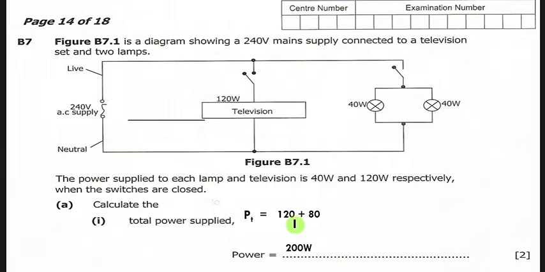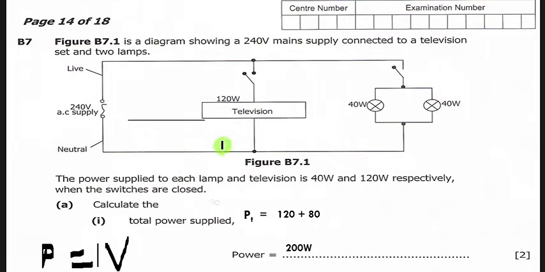So power is not the same in parallel, but it will be the same, I think, in series. In parallel it is not the same because remember, power is equal to current times what? Voltage. So in parallel here, voltage will be the same.